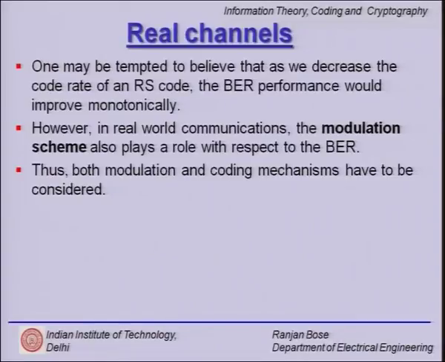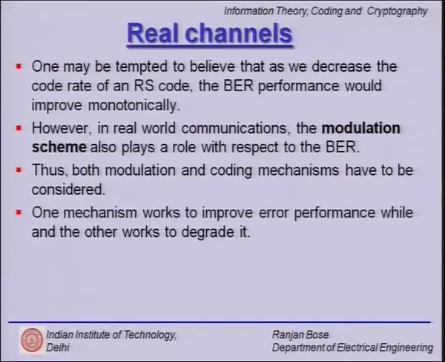Just because you have encoded symbols using a Reed-Solomon encoder, or for that matter any encoder, it does not mean that your bit error rate will keep going down if you increase the redundancy. We must consider the modulation part.